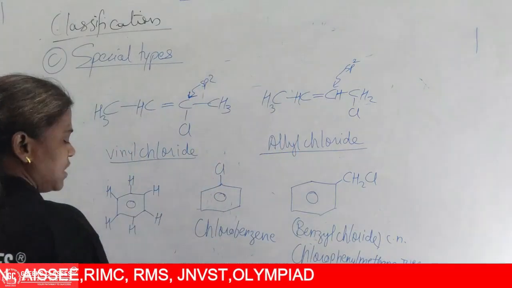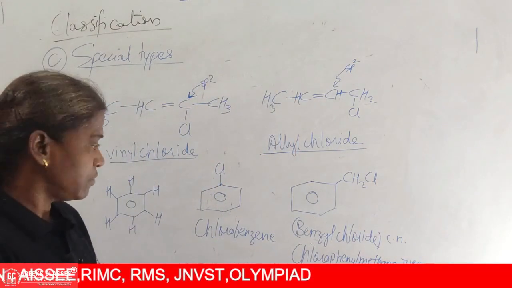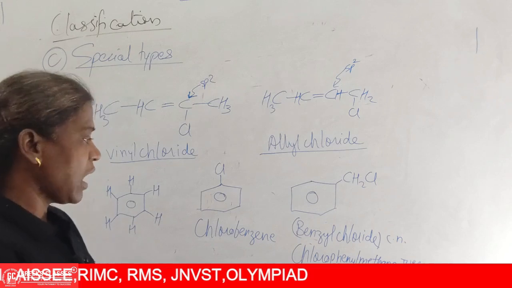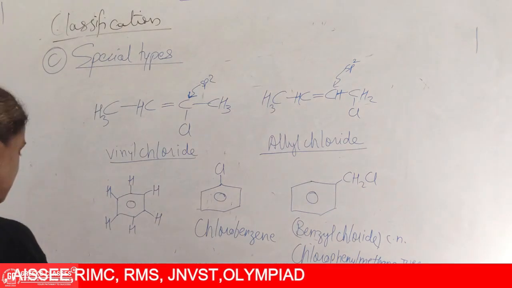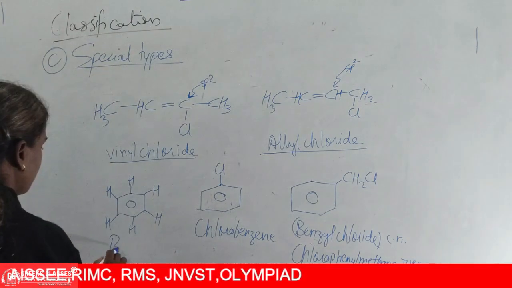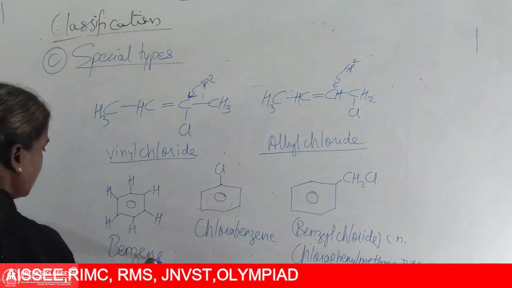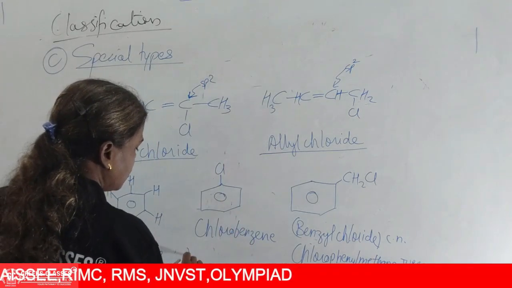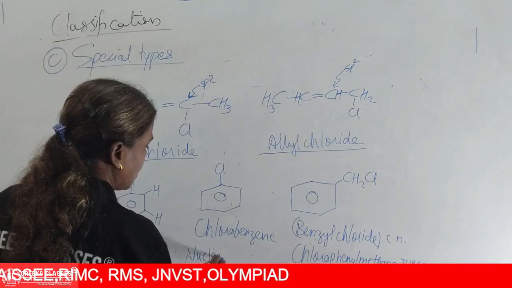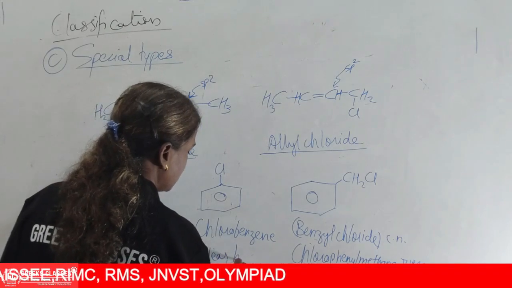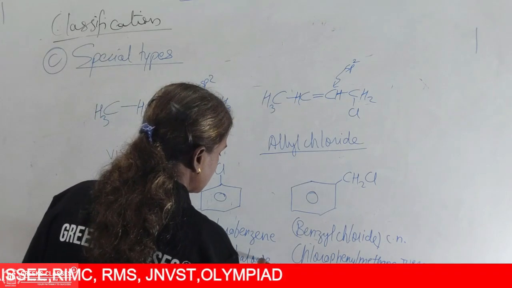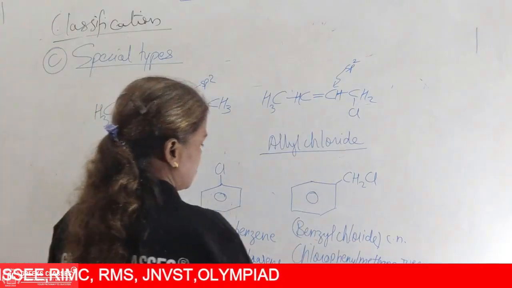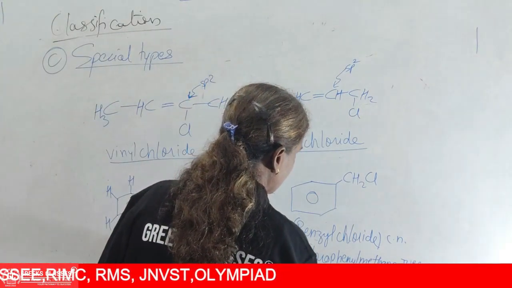Chlorobenzene itself becomes both the common name and the IUPAC name. Based on the benzene ring, chlorobenzene comes under nuclear haloarenes, whereas this one becomes side chain haloarenes.